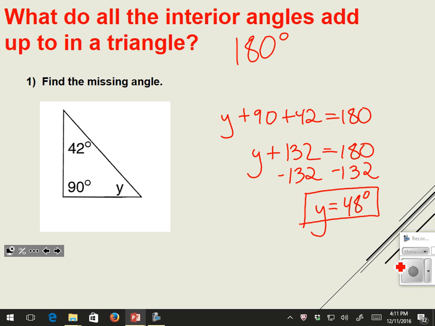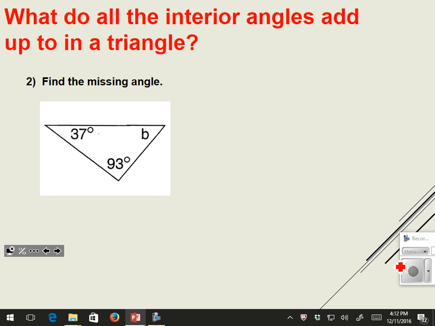All right. Knowing how I did this problem, try to do number 2 and 3. Please pause right now and then continue playing as soon as you finish numbers 2 and 3. Okay. For number 2, again, all the angles add up to 180. So I'm going to say B plus 93 plus 37 equals 180 degrees.